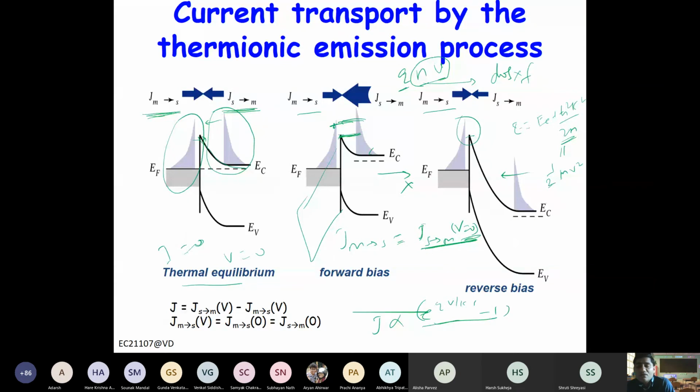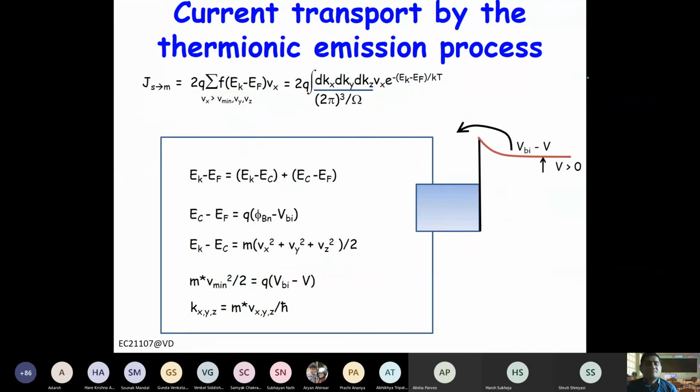Or you can simply write N as the number of states times the Fermi function, integral F dk, or simply sigma F over all the k. So we will use one of the approaches here. Now please look at this derivation carefully. You don't have to remember it or derive it, but just understand what is happening there.